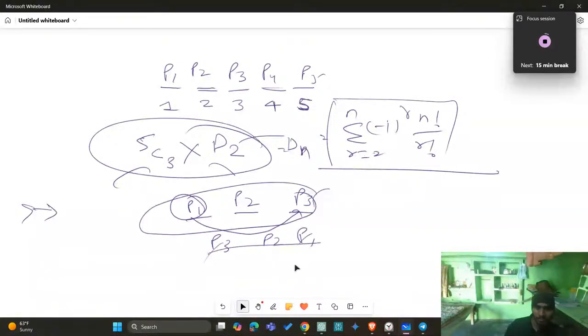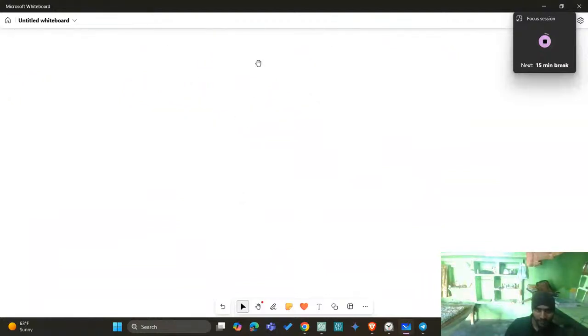So we have the pigeonhole principle. This is a very popular topic and is widely used.